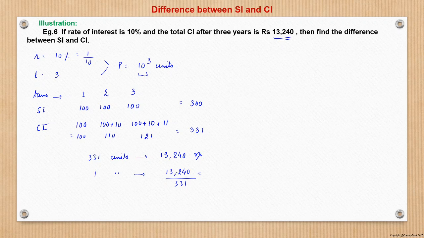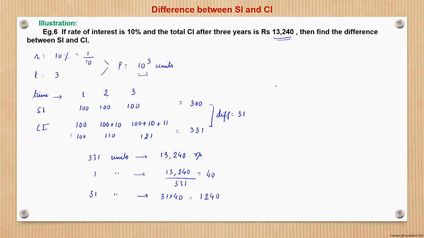This is, I think, 4 times it will go, 40 rupees. So 31 units is the difference between the two, the difference for 3 years. So 31 units will represent 31 into 40, which is 1240.